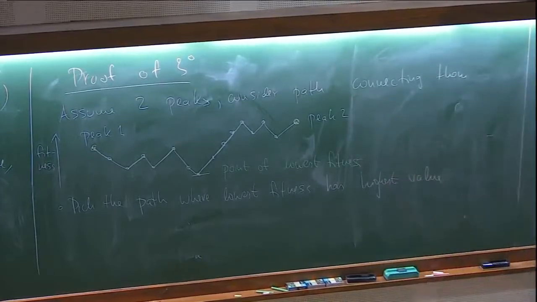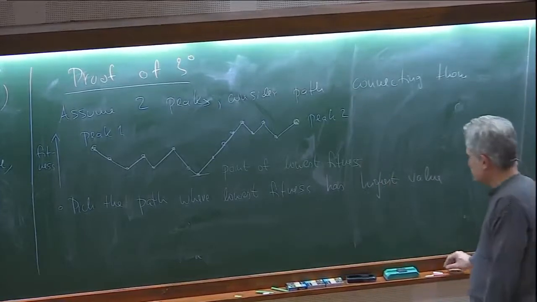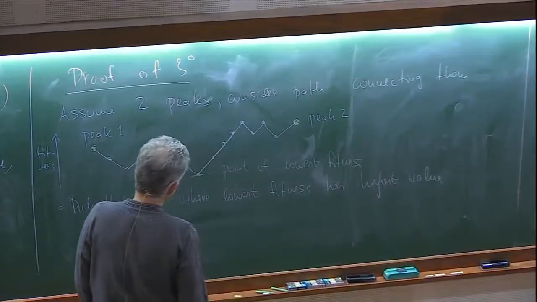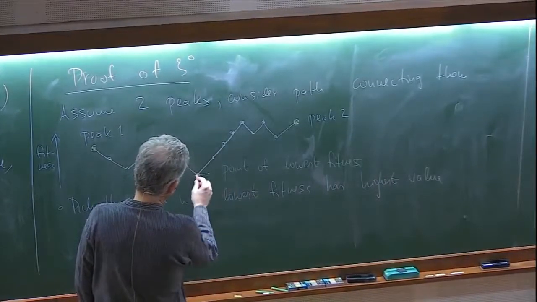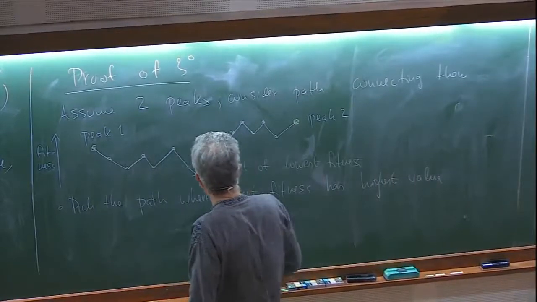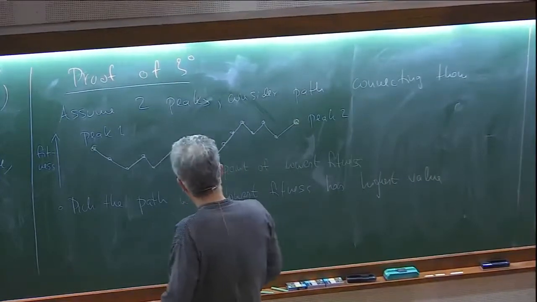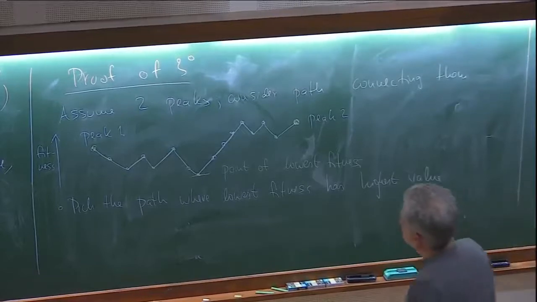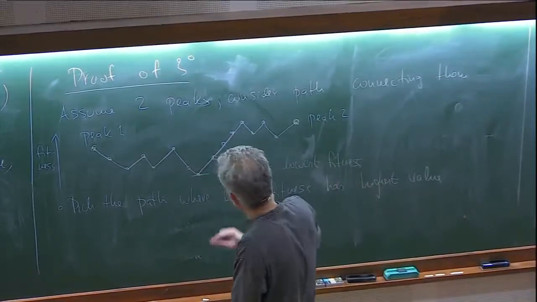So let me assume that the path that I have drawn for you here is that path. And so now on that path, there are 2 mutations which correspond to these 2 steps, right? The 2 steps that lead down to this and up again.